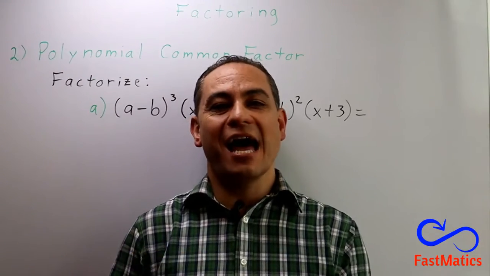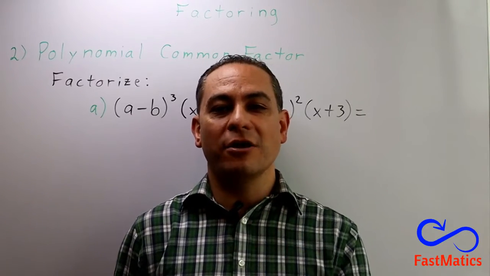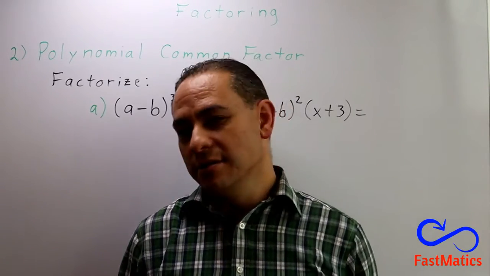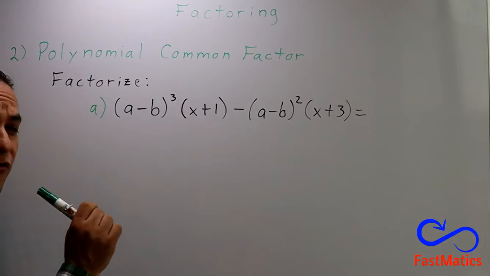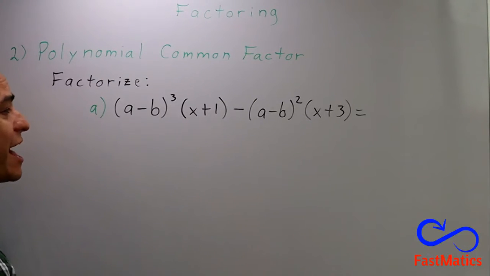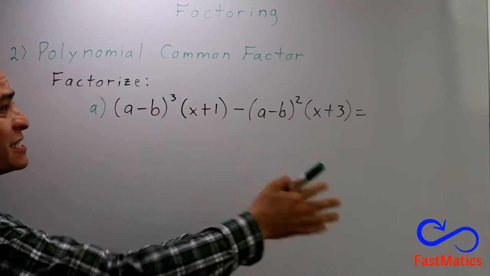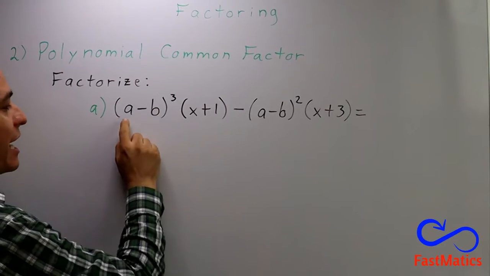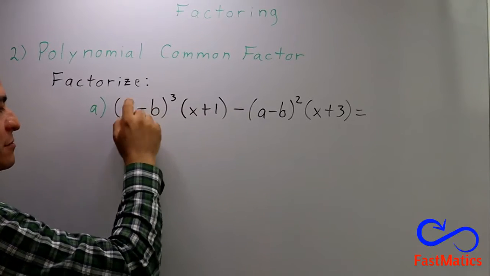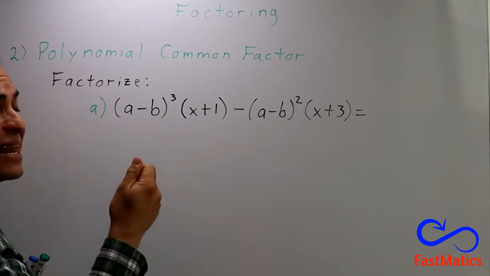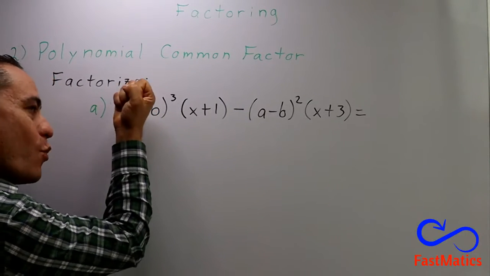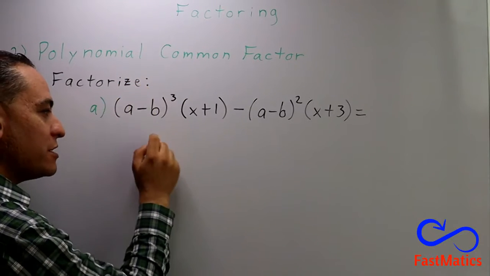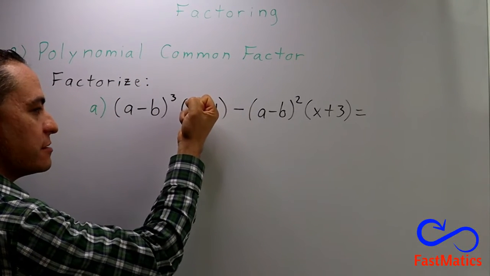We are going to see how to factor with a polynomial common factor. Let's go, please! First of all, please remember that you have to count terms. It is very important in factoring. So here I see that I have two terms inside the parenthesis, but that is not important. I see one parenthesis multiplying another parenthesis.